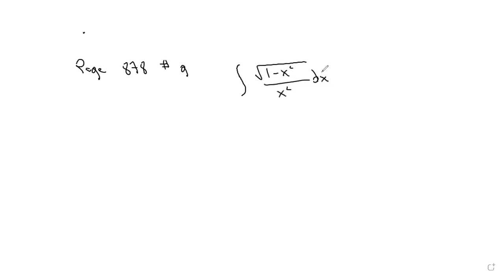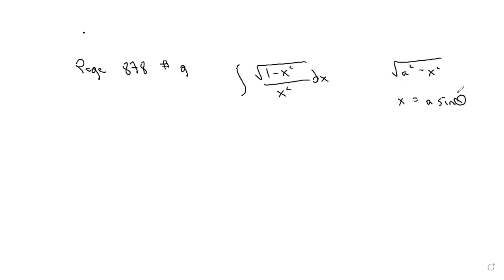So the first thing I would do is look up what substitution you have to use for this particular form. And it even summarizes it on page 878. It looks like this one is in the form of square root of a squared minus x squared, and it says to use the substitution x equals a sine theta.